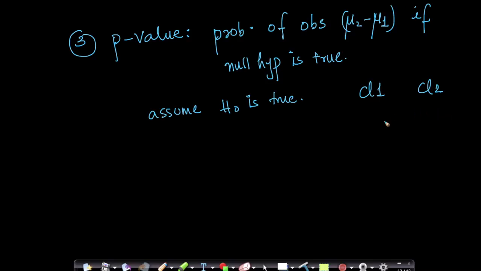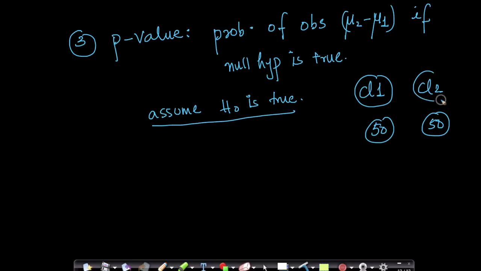But because we have only sampled 50 points here and 50 points here, the mean that you computed is the mean of these 50 points. So assuming that your null hypothesis is true, which means assuming that your class 1 and class 2 heights are roughly the same, what is the probability of observing a value of x?